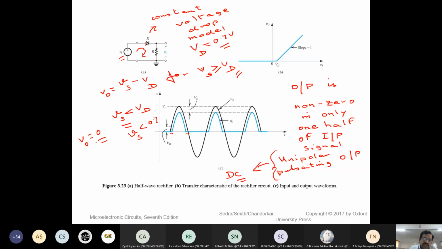Once it crosses 0.7, it starts to conduct. Now, because there will be a voltage drop across this, it will be 0.7. So let us say the peak voltage VSP, the input voltage, is typically 5. I will get 4.3 at this peak, so my V output peak will be 4.3.